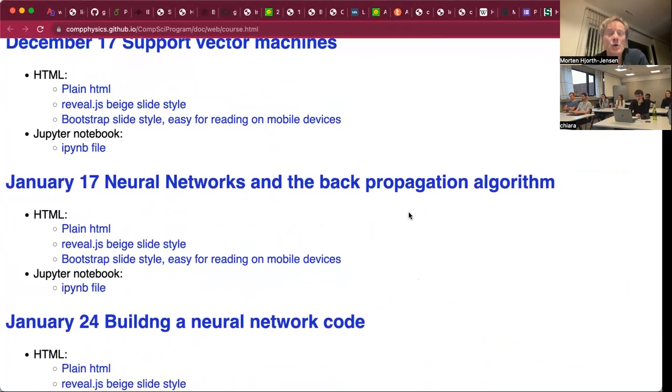Now, the one thing I wanted to say is that the backpropagation algorithm is tightly linked with perhaps one of the better algorithms which we have, which is called automatic differentiation. We mentioned that before the break when we looked at the stochastic gradient methods and the different gradient methods.